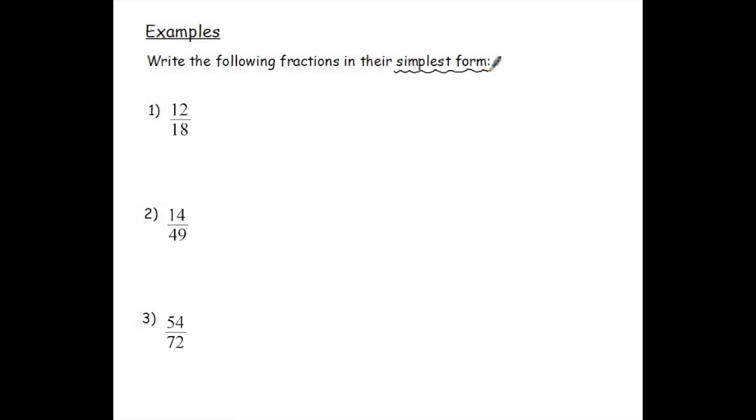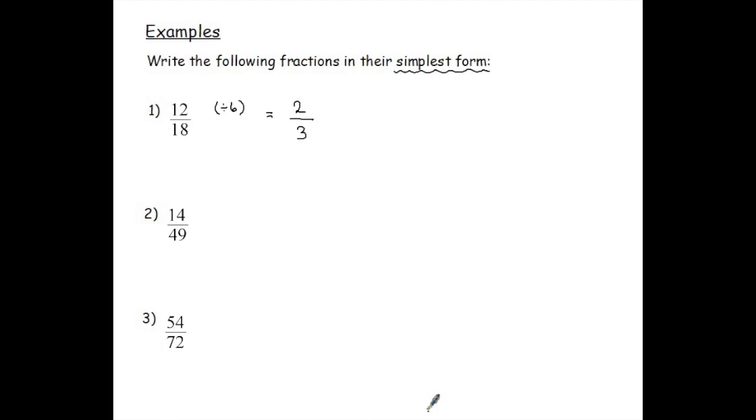So like we said, 6 fits into 12 and 18, so if we divide both numbers by 6, okay, 12 divided by 6 gives us 2, and 18 divided by 6 gives us 3. And if we look at this fraction now, the only number that fits into 2 and 3 is 1, so it is in its simplest form.